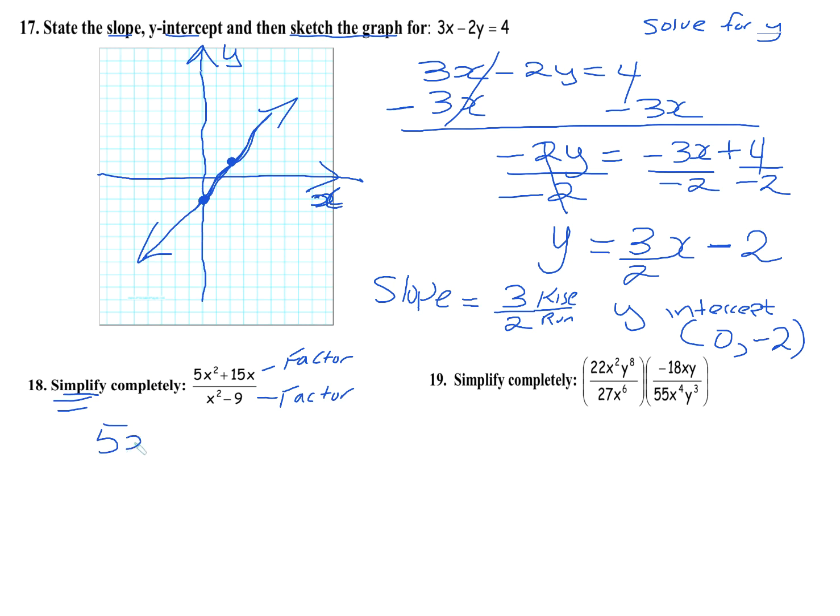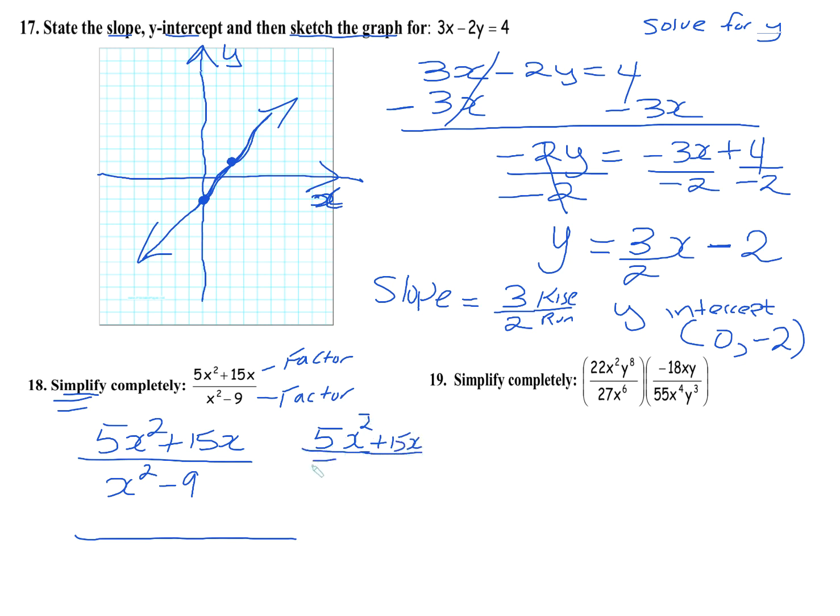So I have 5x squared plus 15x divided by x squared minus 9. Now, the numerator has 2 terms, and remember, if you have 2 terms, you're either using GCF or dots. Now 5 isn't perfect, so this is clearly a GCF. So if I go over here at the side, 5x squared plus 15x, I can factor out the 5x.